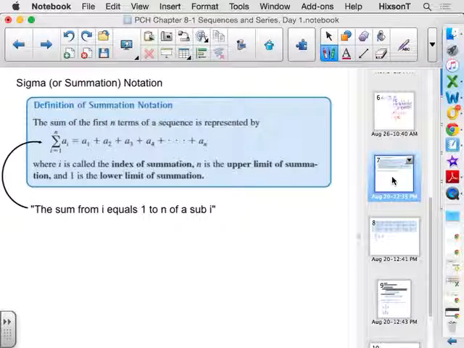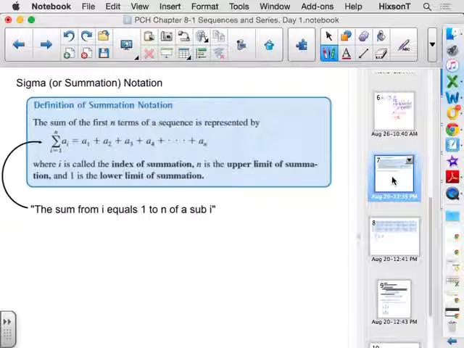And what will happen is, for each term, you start with I at whatever number is down here, in this case 1, and you figure out what this equals when I is 1. Then you figure out what it equals when I is 2. And then you figure out what it equals when I is 3. And so on until you get to whatever this n value is. Okay?